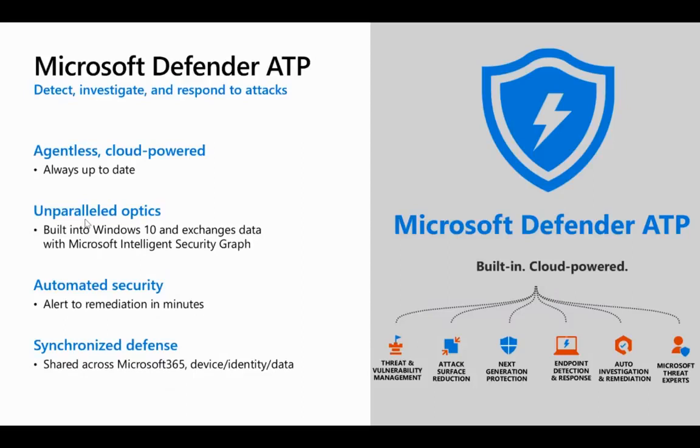With that being said, what we're going to talk about now is Microsoft Defender ATP, that's Advanced Threat Protection. Guys, as I mentioned, security revolves around the major elements: your identity, data, and the behavior.